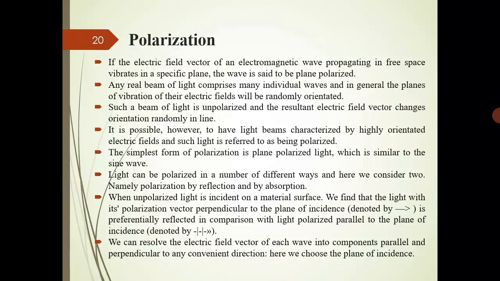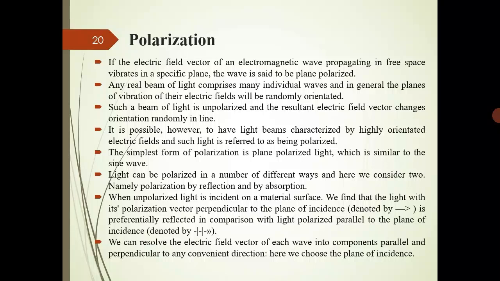Whenever we are transmitting an electromagnetic signal in an open space environment, it has the electric field vector in a specific plane. So that wave is said to be plane polarized.